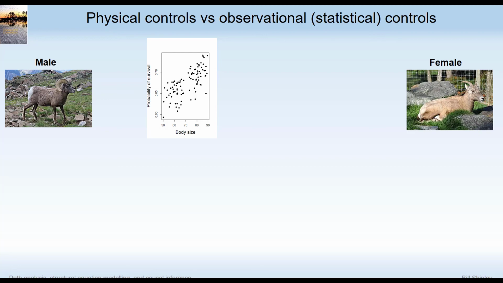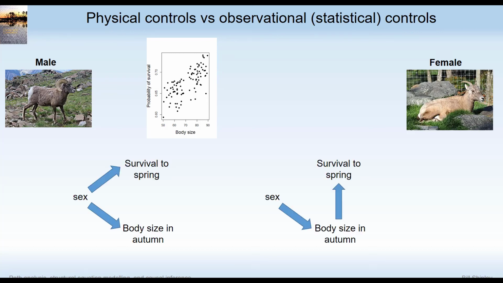The problem is that Rocky Mountain sheep are a dimorphic species, so the males have on average larger bodies than the females. And so you might want to propose two different causal explanations for this pattern. One explanation might be simply that the two variables, body size and survival, are not causally linked.